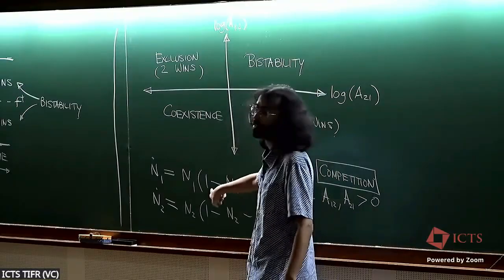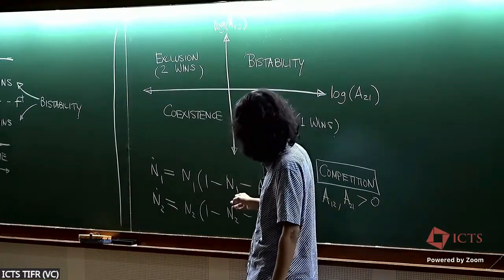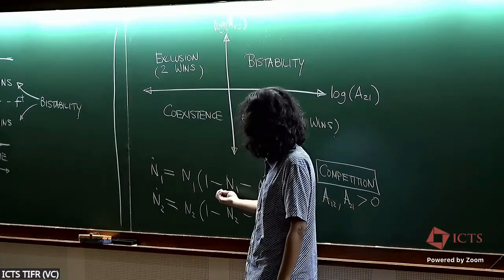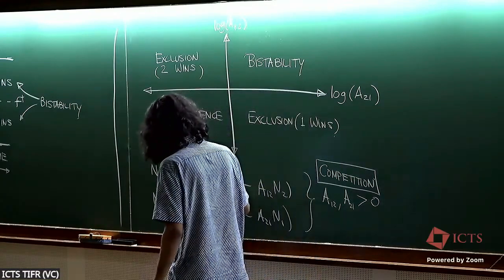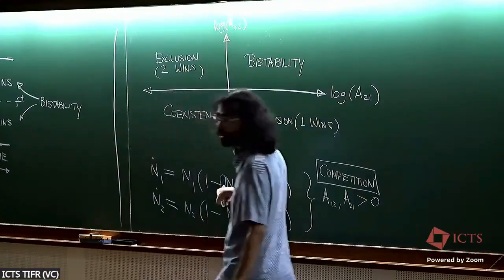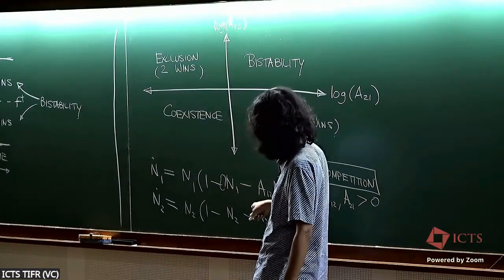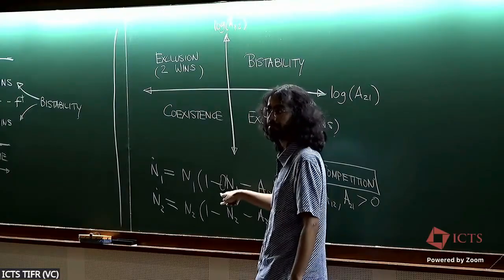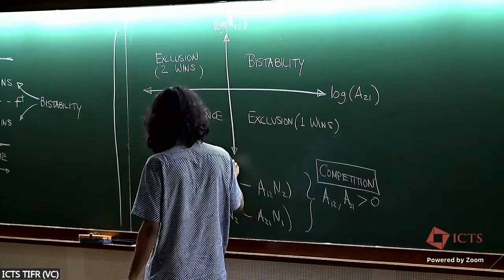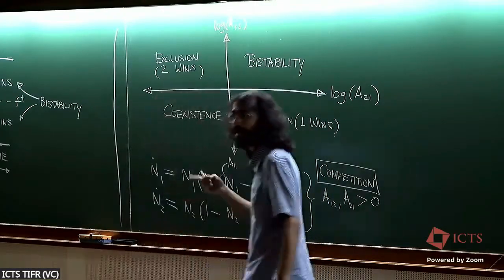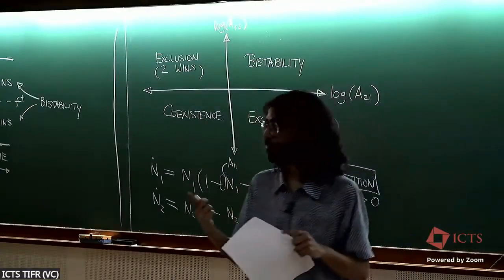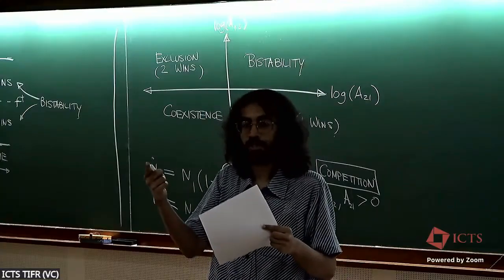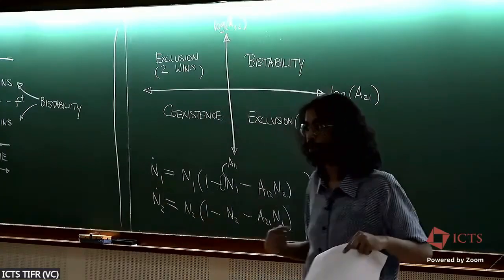But the right comparison turns out not to be the carrying capacity, but instead the self-inhibition of this species. So remember here, this number over here is also 1, right? And what is this? This is in some sense A11. This is how species 1 is affecting itself. And remember, every species limits itself, because as you eat up resources, you deplete those resources and you affect your own growth.